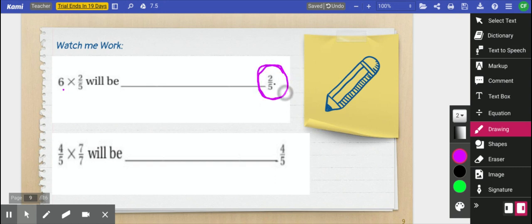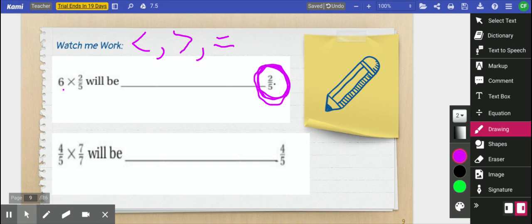What are you guessing? When I multiply these numbers, is my answer going to be less than, greater than, or equal to? All right. So when I multiply 6 times 2/5, will my answer be bigger than, less than, or equal to my fraction?